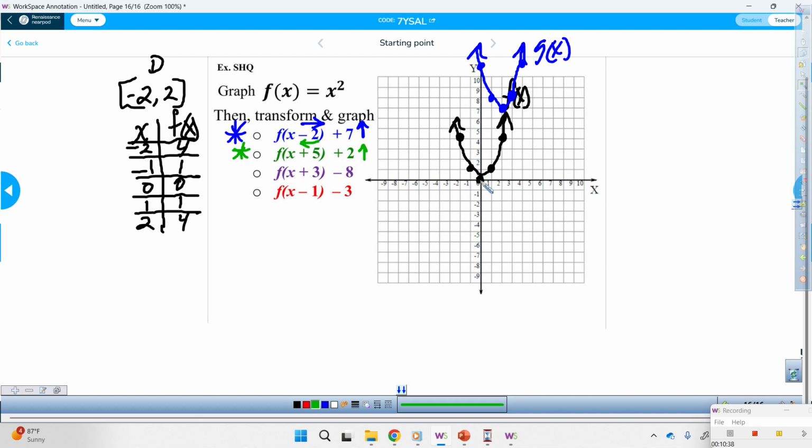Look, I'm going to start at 0, 0. 5 to the left, 2 up. 1, 2, 3, 4. And we label that g of x. All right, not bad. Man, that's a very bright green, right?